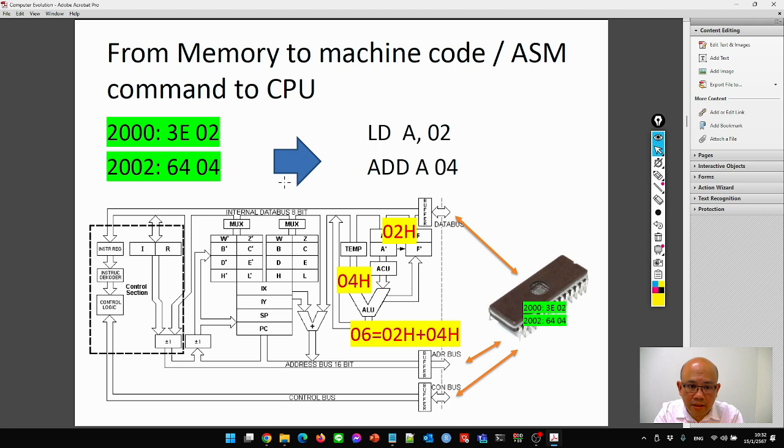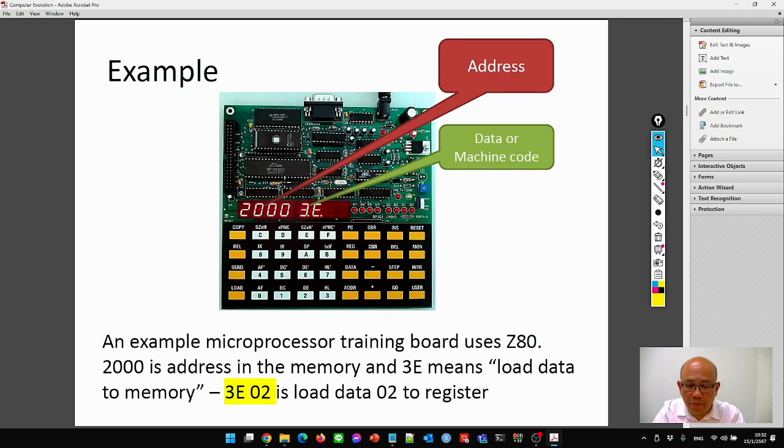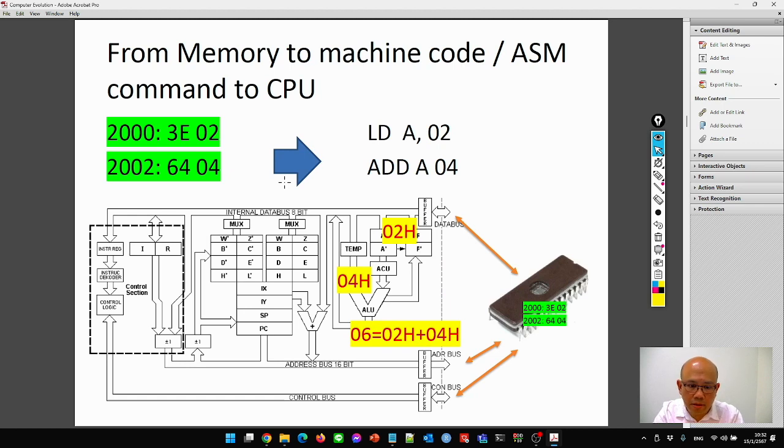For example, here is the architecture of the Z80 device. I captured the diagram inside the CPU.